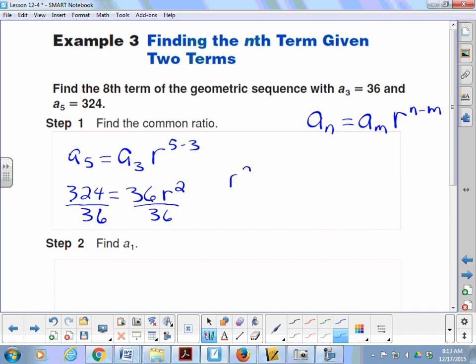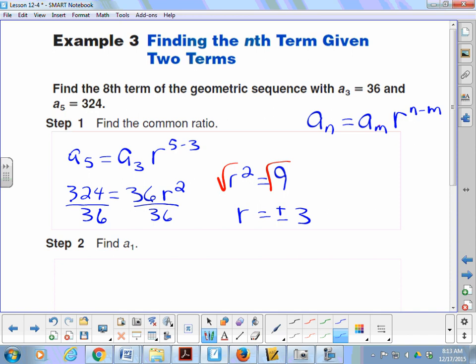So r squared equals 324 divided by 36 is 9, right? Okay. Now, to find r, we have to do the square root. Okay, we all know that. The thing to remember is that since I'm solving an equation and taking the square root, we're going to get what, Jasmine? Plus or minus. So r equals plus or minus 3.